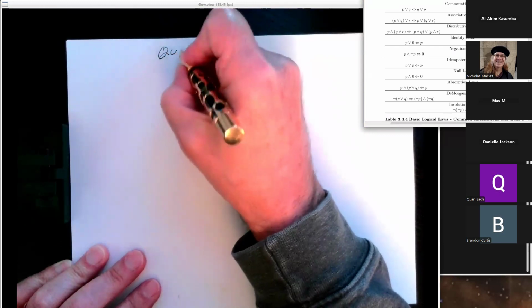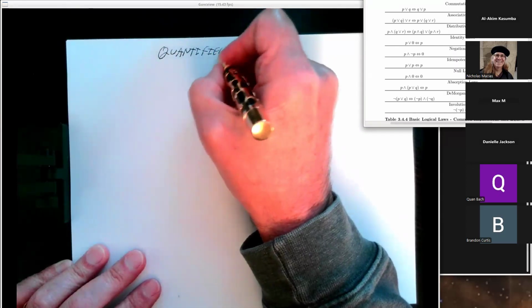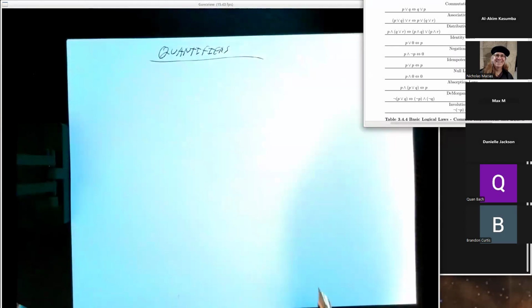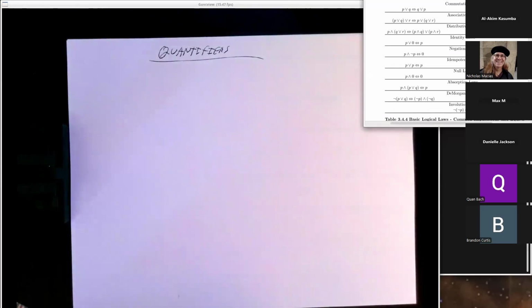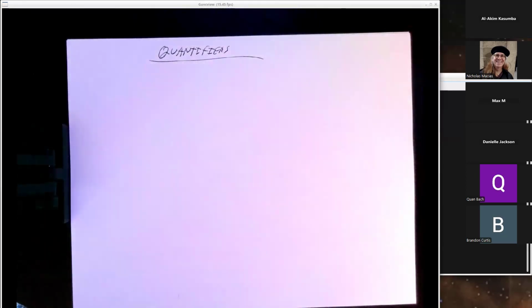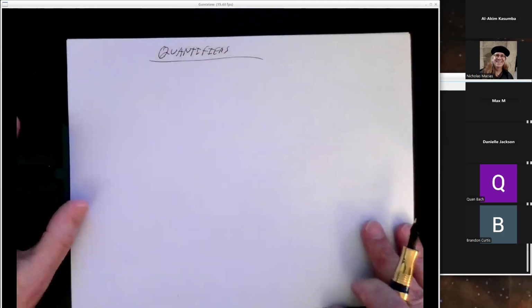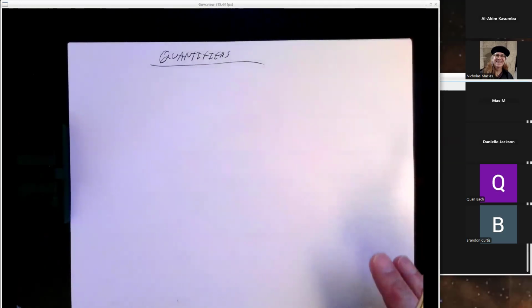Let's talk about quantifiers. So different topic, but still in the area of making new propositions from old. All right. So we have two quantifiers.